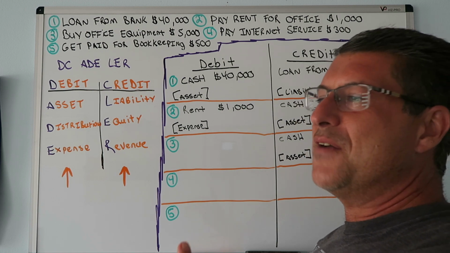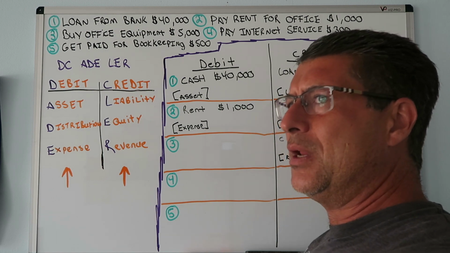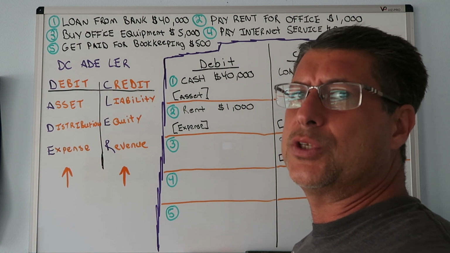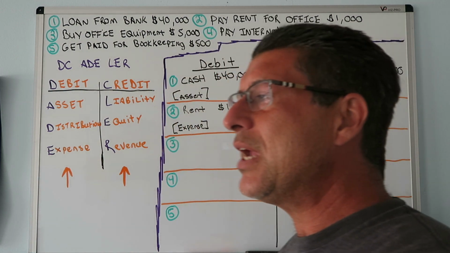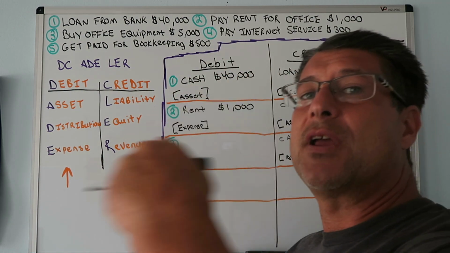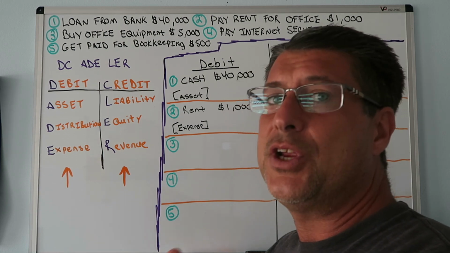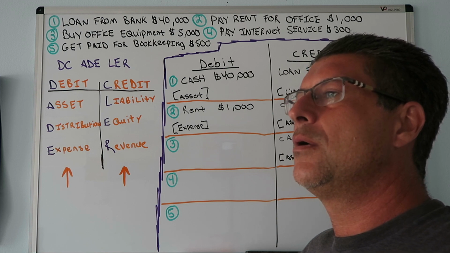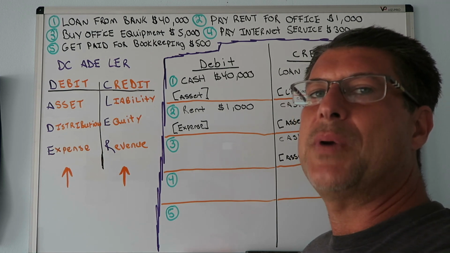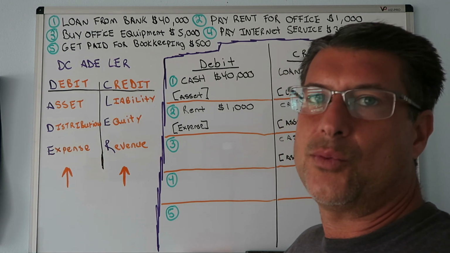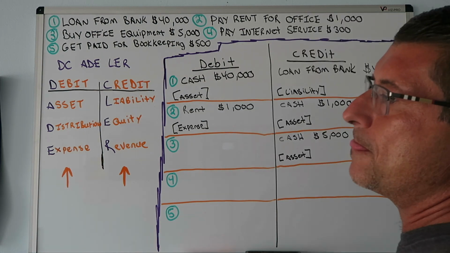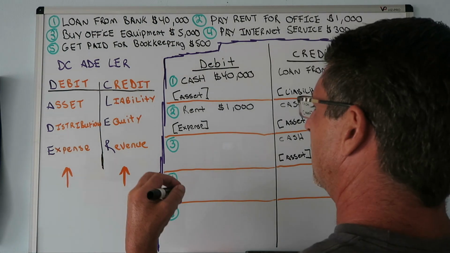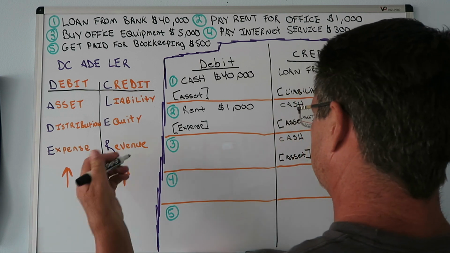A vehicle and office equipment are big things that you would depreciate because you're going to get the value of it for 5 years, 7 years. So it's just a more fair way to expense things over time than all at once. Office equipment is an asset. It's going to provide us value over time.